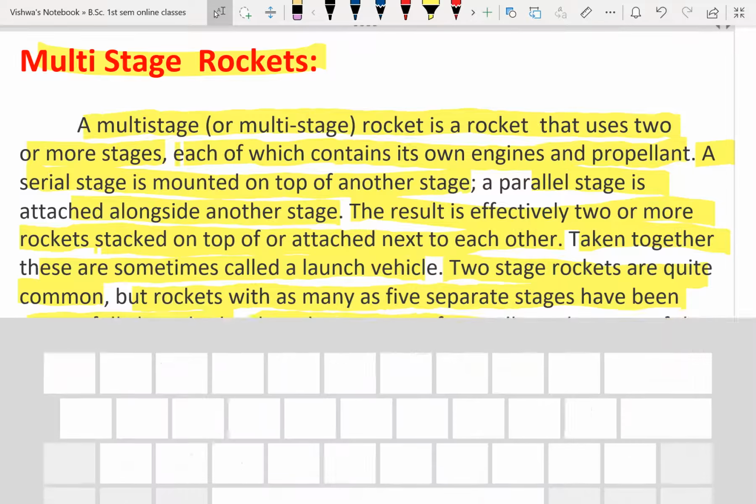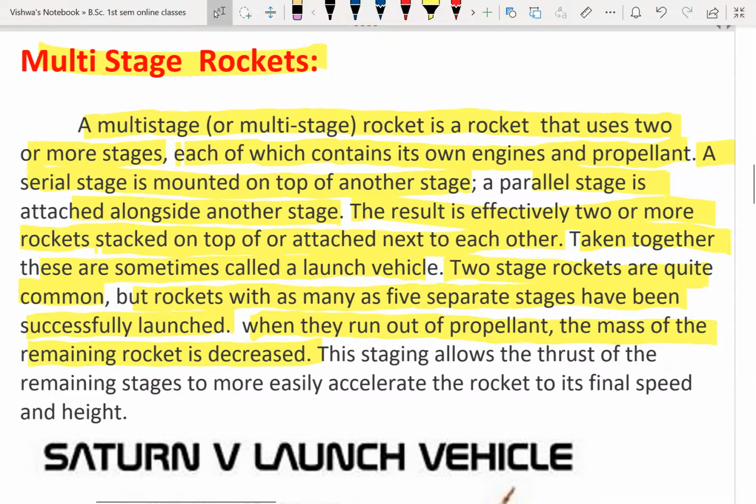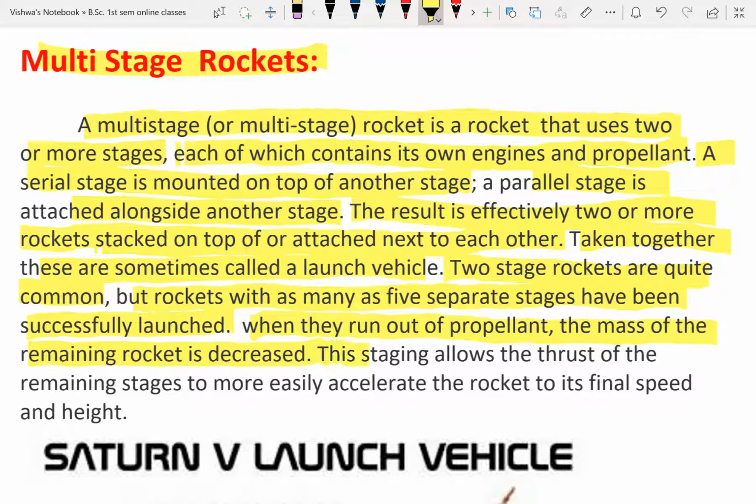If mass decreases, then velocity automatically increases, that is, acceleration increases. This allows the thrust of the remaining stages to more easily accelerate the rocket to its final speed and height.